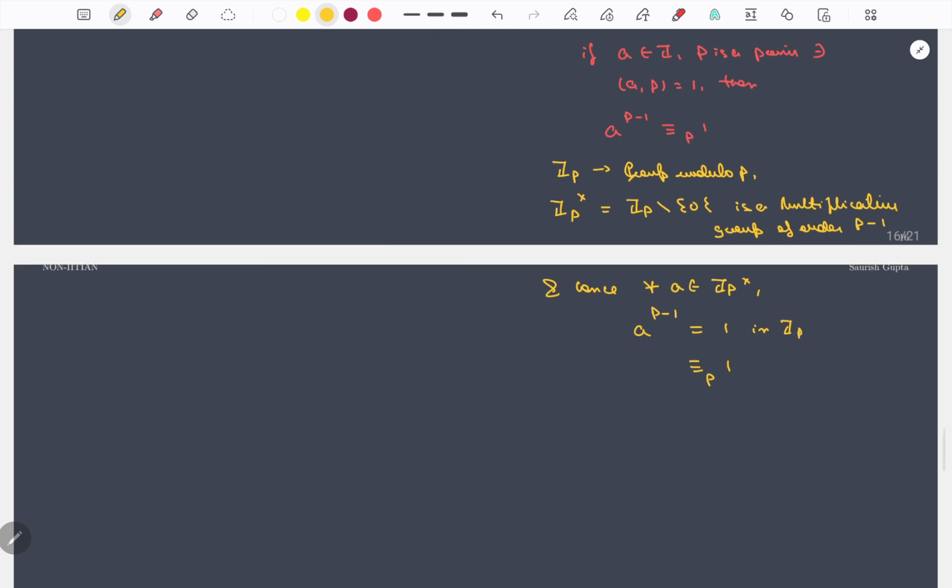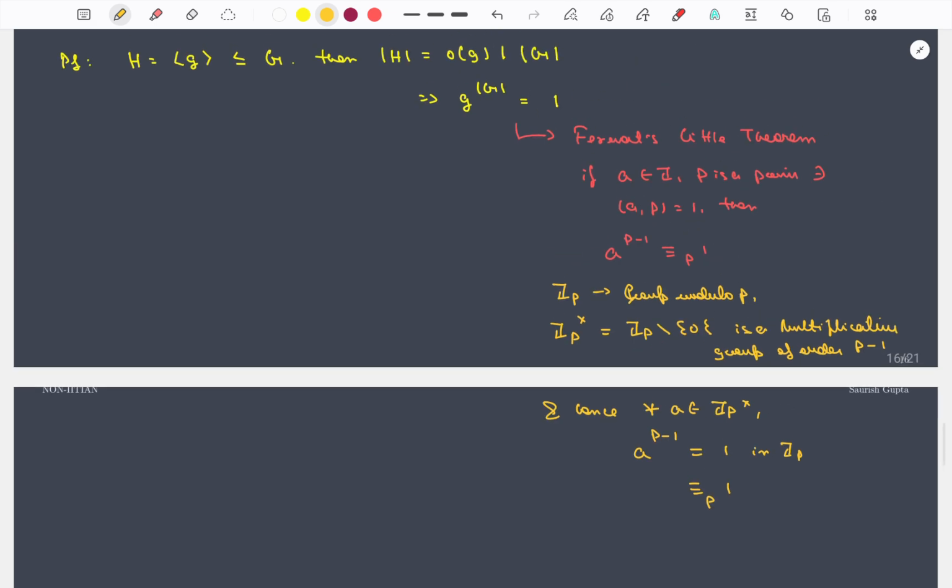Is it clear? So it essentially helps you to prove Fermat's little theorem.